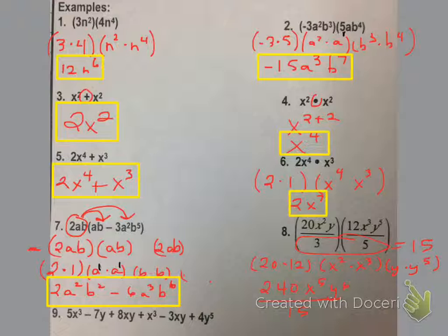So the 15 is going to cancel out and become 1, and 240 is going to become 16. So my final answer is 16 x to the 5th, y to the 6th over 1. Do we need to put over 1? No. So it's just 16 x to the 5th, y to the 6th. Any questions on that? No, sir.